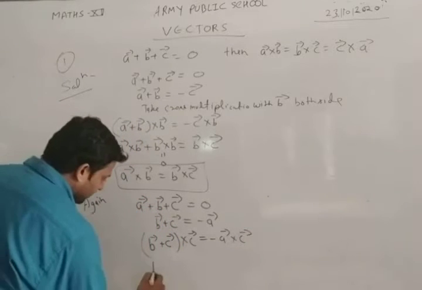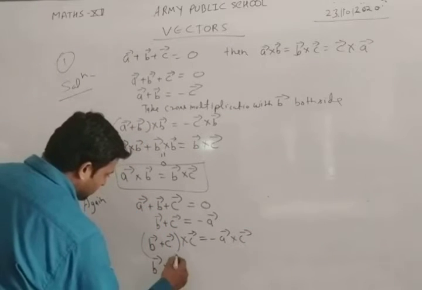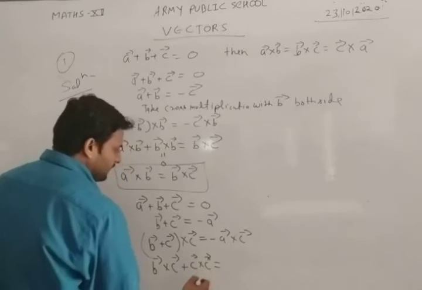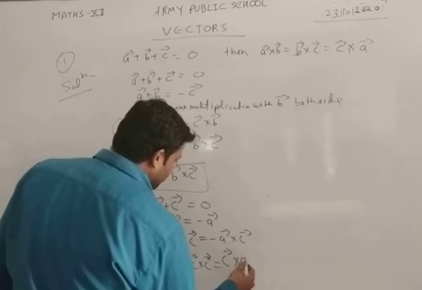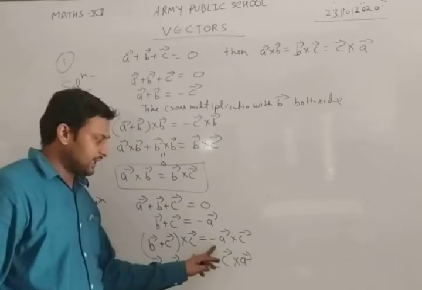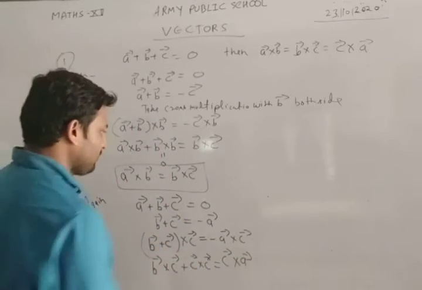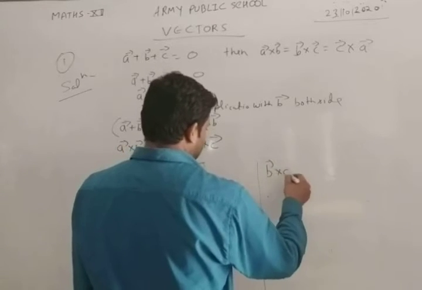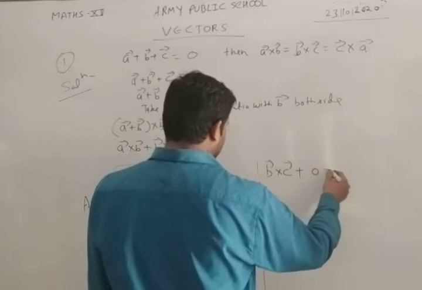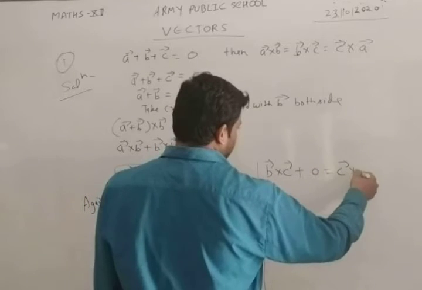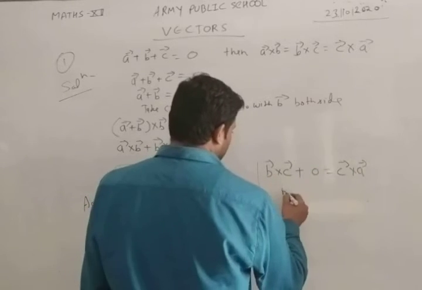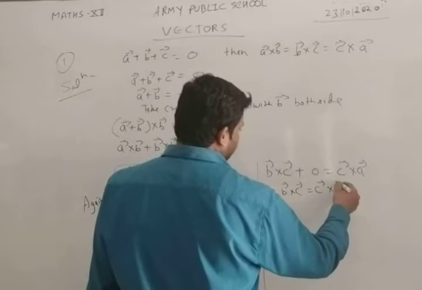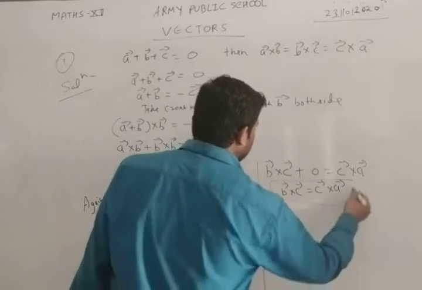Now we get b cross c plus c cross c is equal to, we write c cross a. The negative sign will change to positive sign. We write b cross c plus this will be 0 and here c cross a. So we write b cross c is equal to c cross a. So this is our second term.